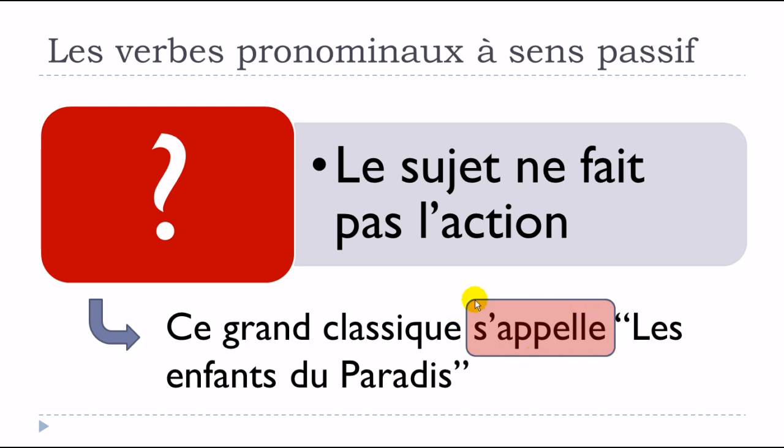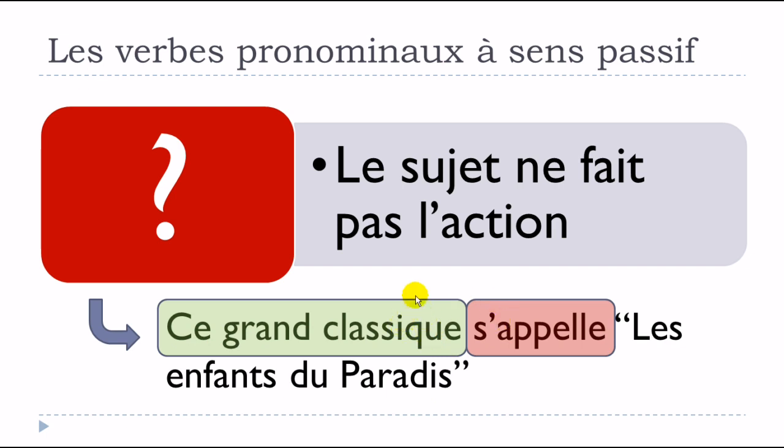Here you can see the verb, okay? You can see that before the verb, you've got this S apostrophe, so it does mean that it is a verbe pronominal. Okay, and then here, just before, you've got the subject, ce grand classique. But if you take 1 minute to look at the sentence, ce grand classique s'appelle Les Enfants du Paradis, you can notice that actually the subject, ce grand classique, doesn't do the action, because it's not possible.